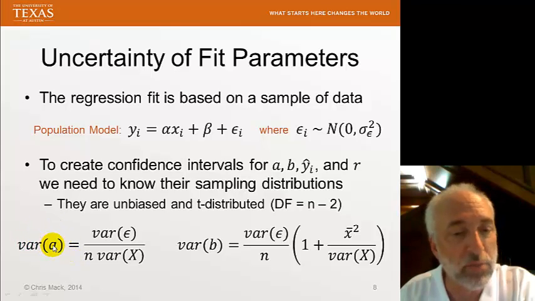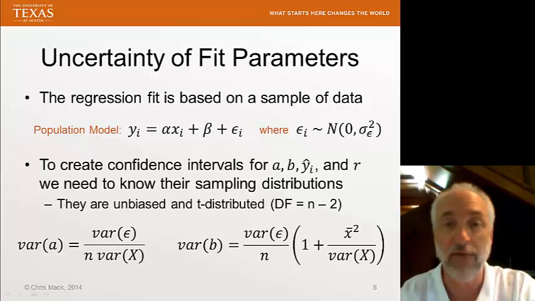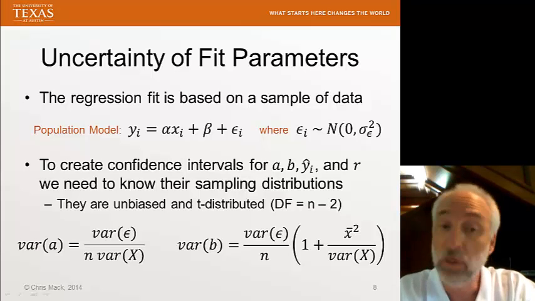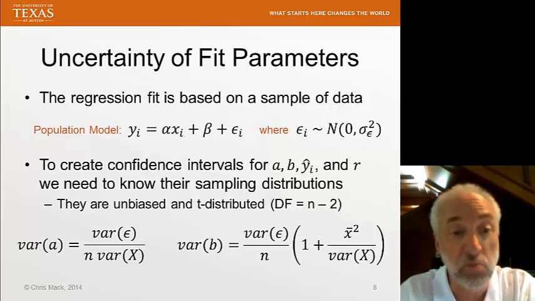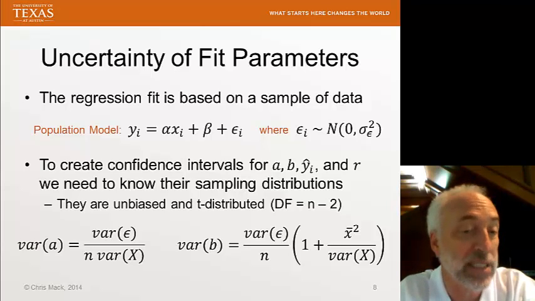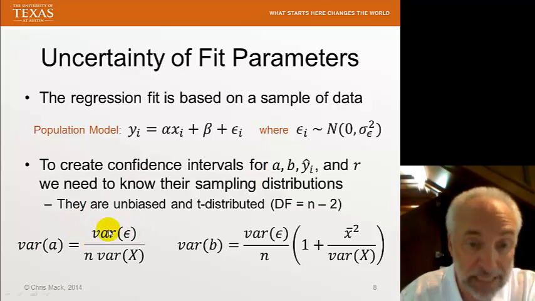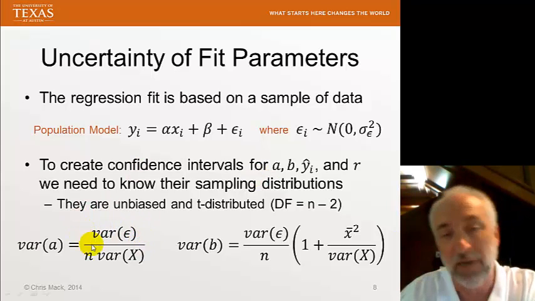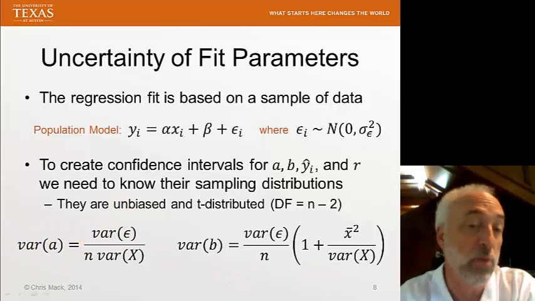We want to predict a with small variance, right? We want to have a good value for our slope. We don't want a lot of uncertainty in the extracted best fit slope. We want small variance of a. How do I get small variance of a? Well, of course, if the fit is really, really good, if the variance of my residuals is small, that reduces the uncertainty in the slope a.